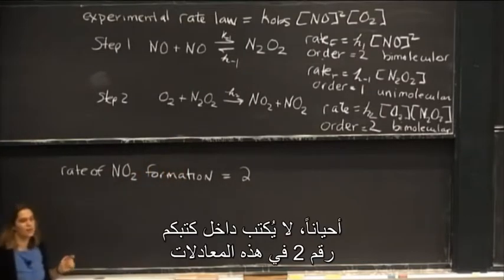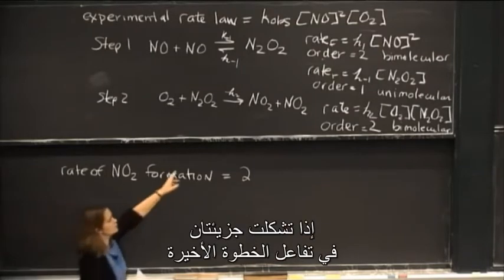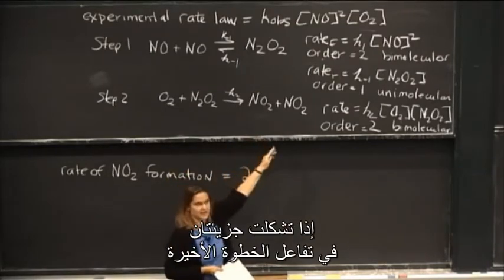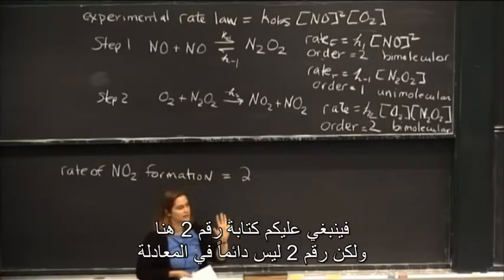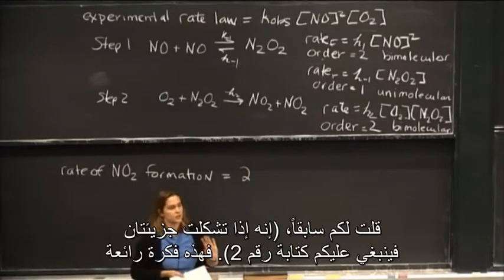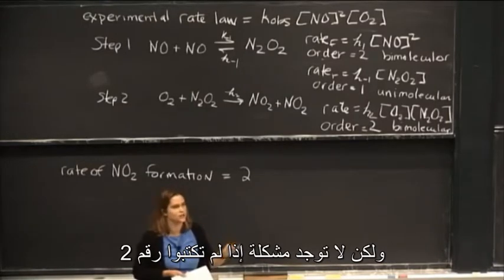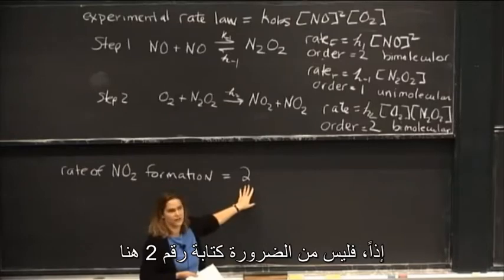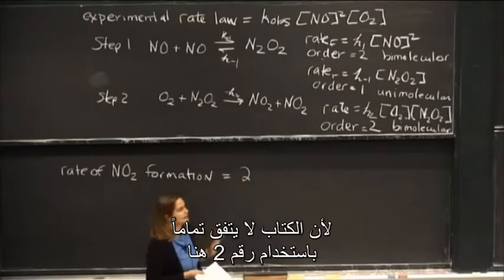And the book is somewhat inconsistent in its use of 2's in these equations. If you're forming 2 molecules in your last step, there should be a 2, but 2 is not always in the answer key. So what I've done in the past is if you put a 2 and there should be a 2, that's great, but if you don't put it, that's okay too. So I have not taken off for this because the book has not been completely consistent.